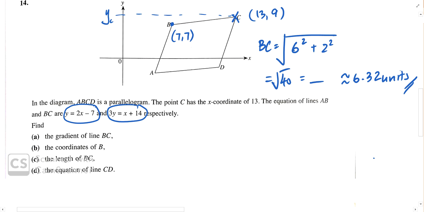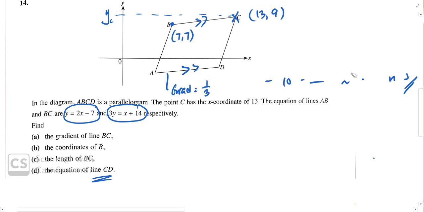And now for the equation of CD. Earlier we said that BC is parallel to AD, so this had a gradient of 1 over 3. To find the equation of CD, you need either two points with their coordinates or 1 point with the gradient. So this gradient is not useful for us. Rather, the gradient for AB will be useful for us.